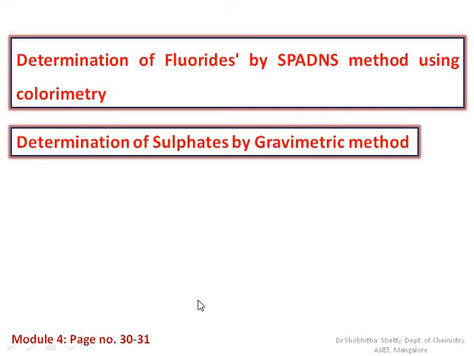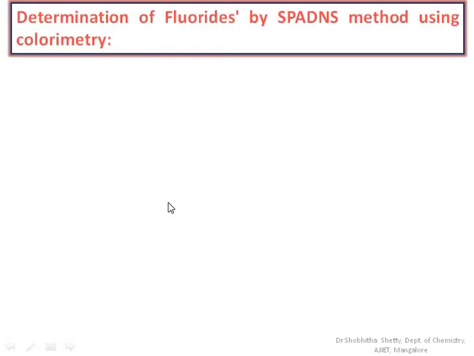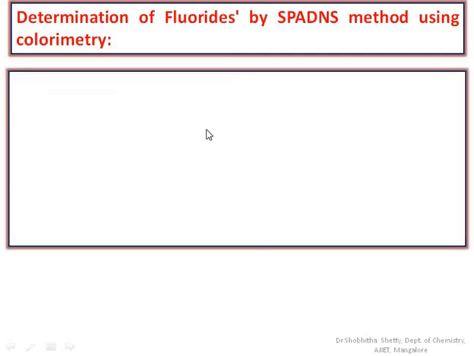So the first one is determination of fluorides by SPADNS method. Here this is carried out using a colorimeter. If we record the absorbance of a solution by using a colorimeter, such a technique we call colorimetry, whereas the colorimeter is the instrument.